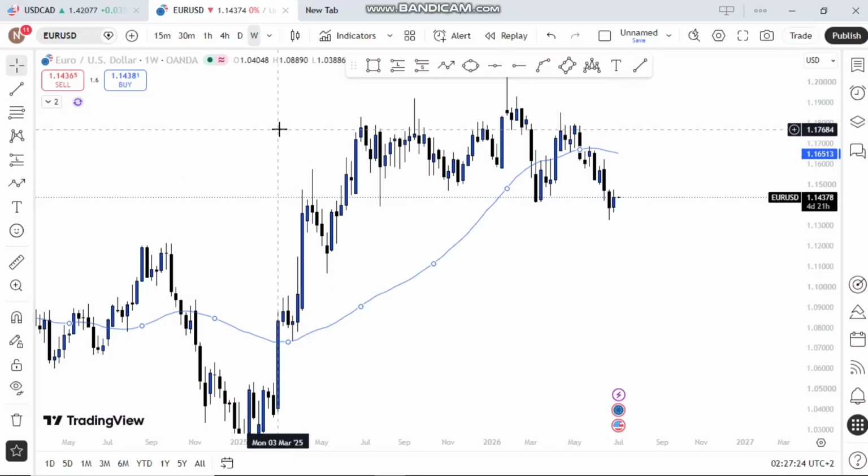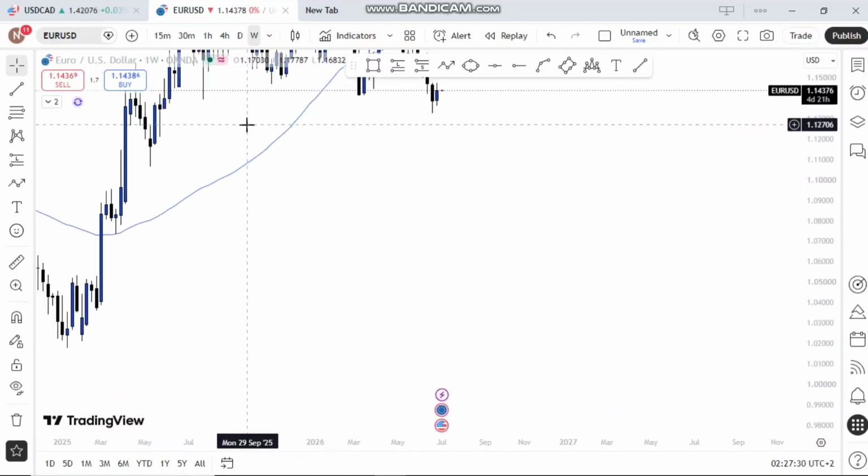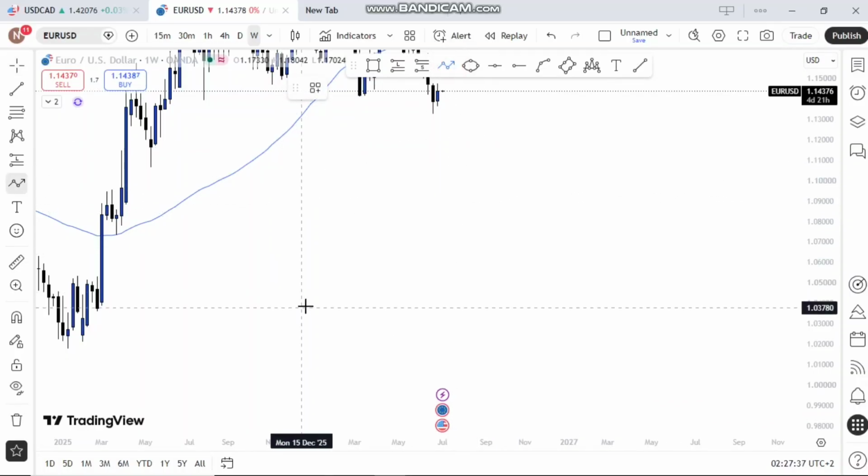All right, let's move on. Now I like to mark out my zones. First, let's understand something. Here we work with market structure, support, and resistance. What is resistance?